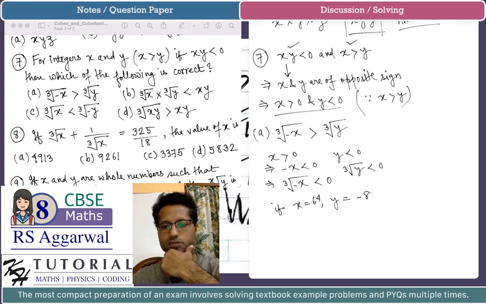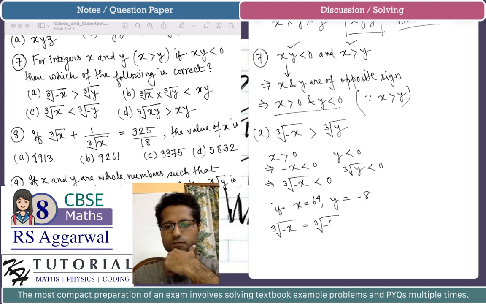So if we take x equals to 64, which is x greater than 0, and y should be less than 0, if we take y equals to minus 8, then cube root of minus x becomes equal to cube root of minus 64.